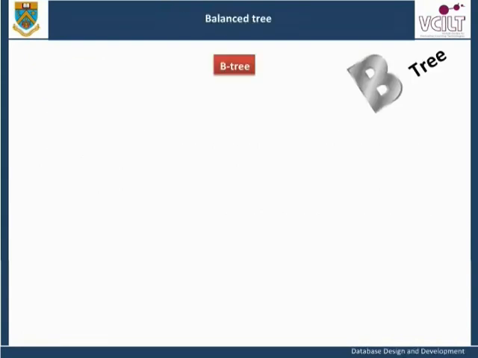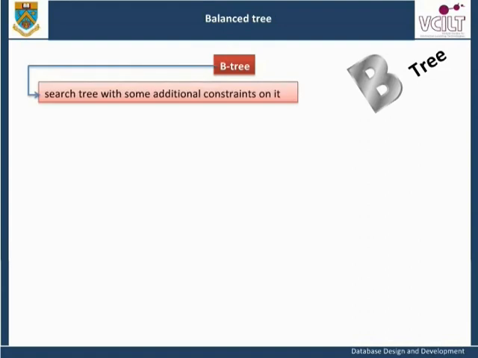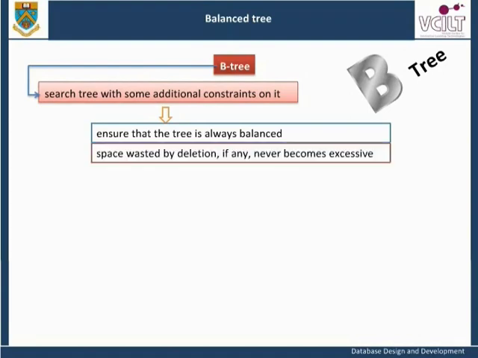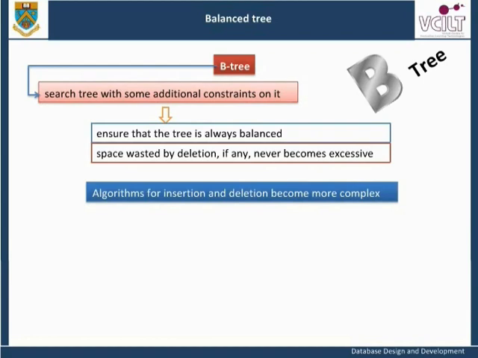A B-tree is a search tree with some additional constraints on it. The additional constraints ensure that the tree is always balanced, and that the space wasted by deletion, if any, never becomes excessive. For a B-tree, however, the algorithms for insertion and deletion become more complex in order to maintain these constraints.